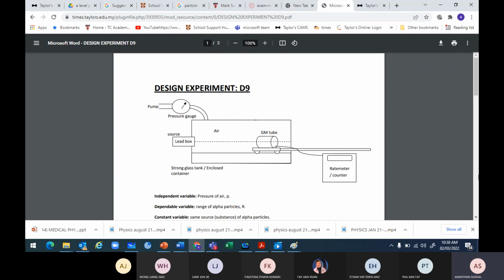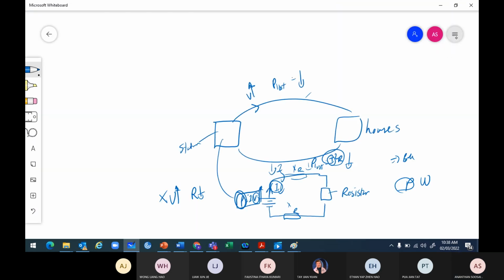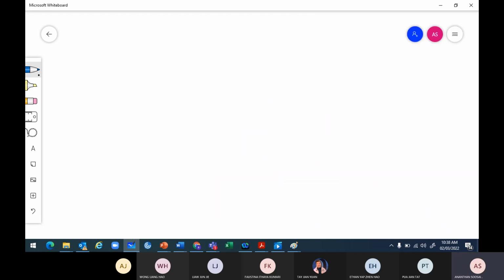And the lead box, here they show a lead box, but normally it will be like this. The lead box you can draw like this.